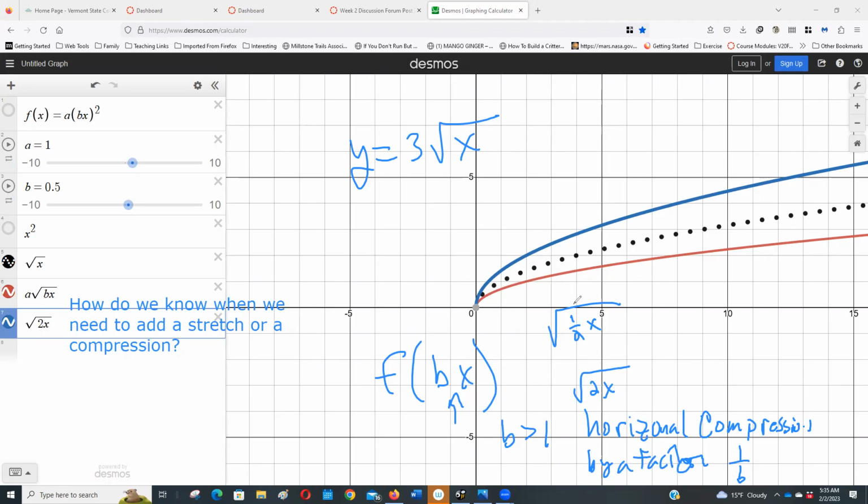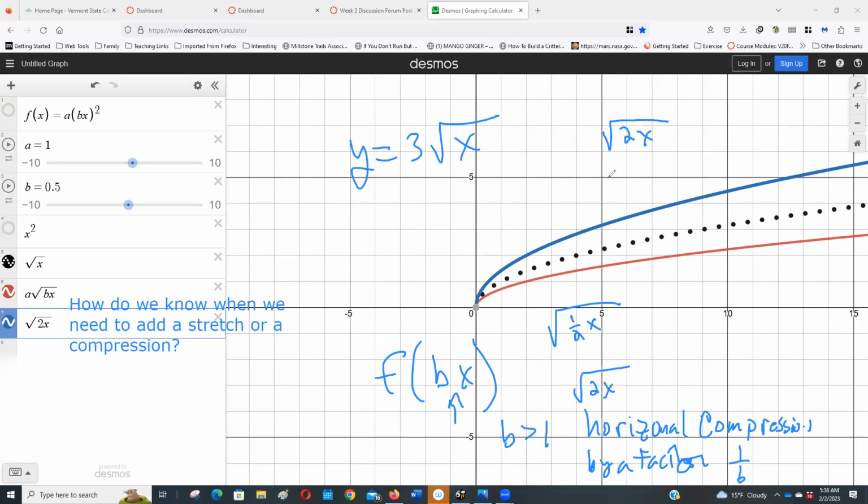Okay. Well, how can I write, I left off that. I didn't finish that thought. I'm sorry, it's a little rambling here, but what if I wanted to write the square root of 2x, and instead of being a horizontal compression, I wanted it to be a vertical stretch?